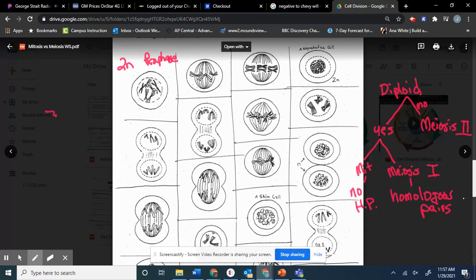When I look, do we see them paired up at all? No, they're not, which tells me that this is in mitosis. Here is an example of that exact same cell, but it's in meiosis 1 because it's diploid in number and they're paired up.